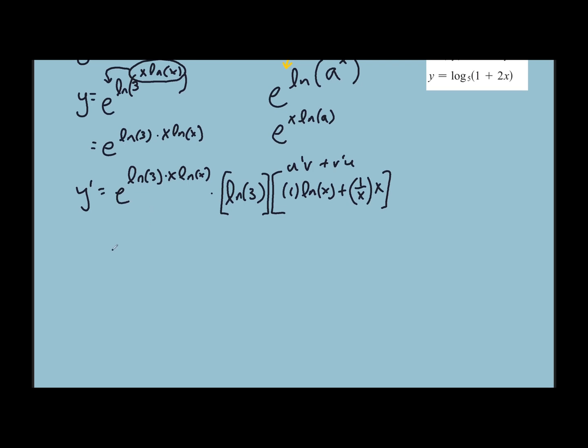So we're going to get, on this step, e to the ln 3 times x ln of x, ln of 3, and this is ln of x plus 1.